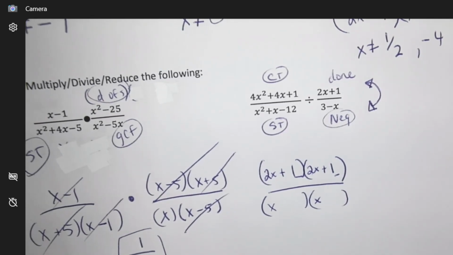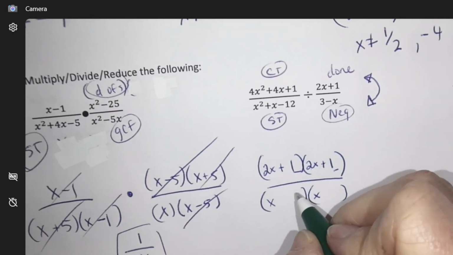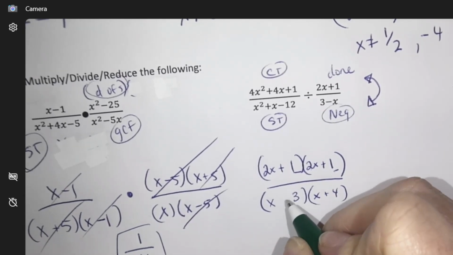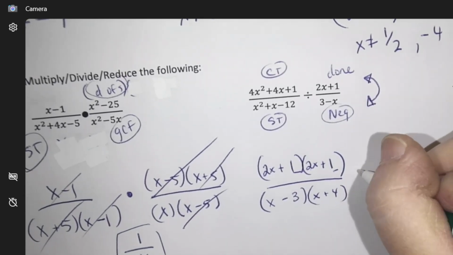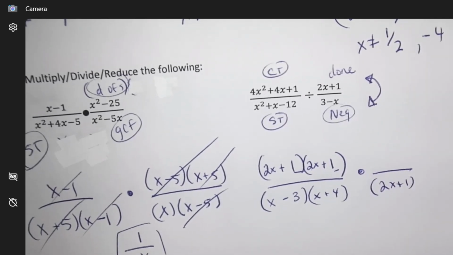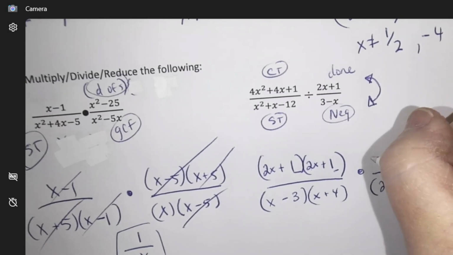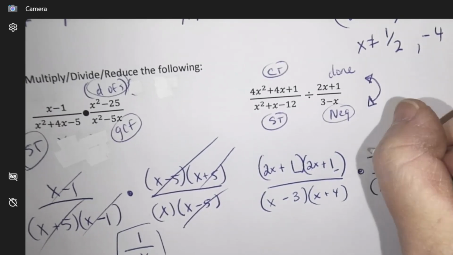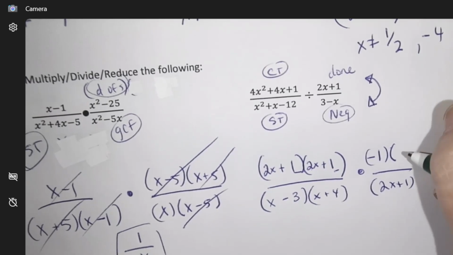Okay, multiples to 12. I'm going to use a 3 times 4 set. Okay, so there's the flip. Negative out. -1 bracket.